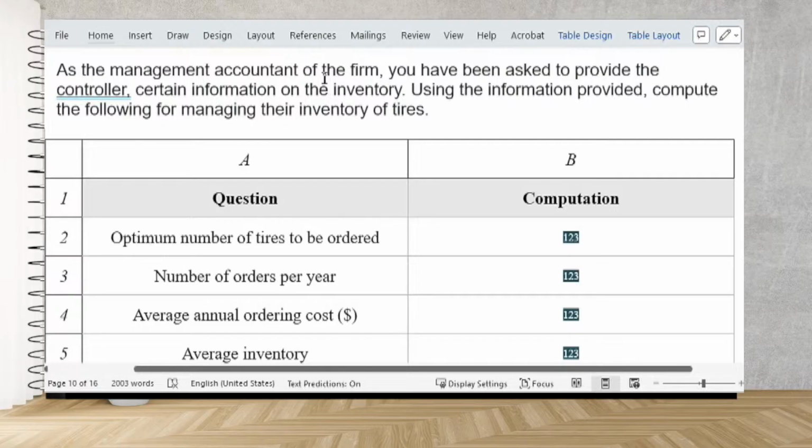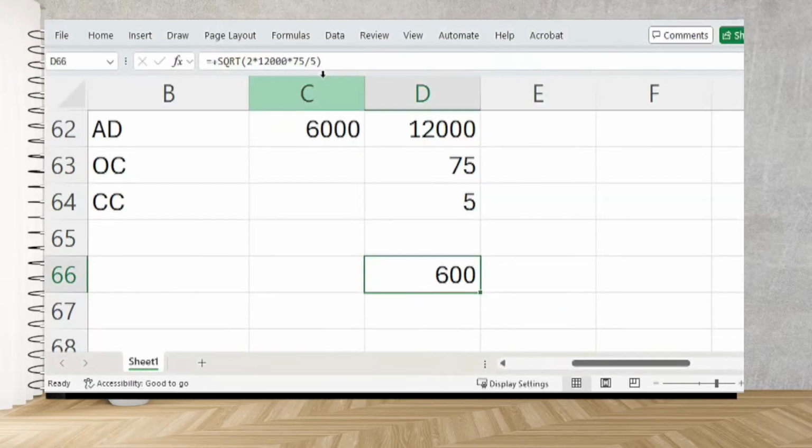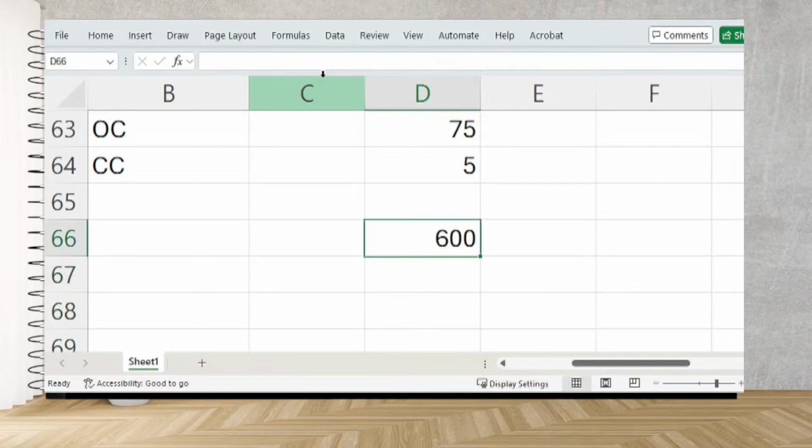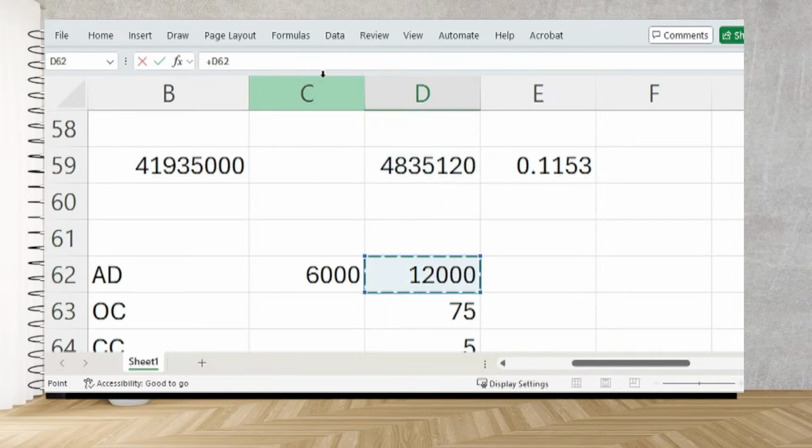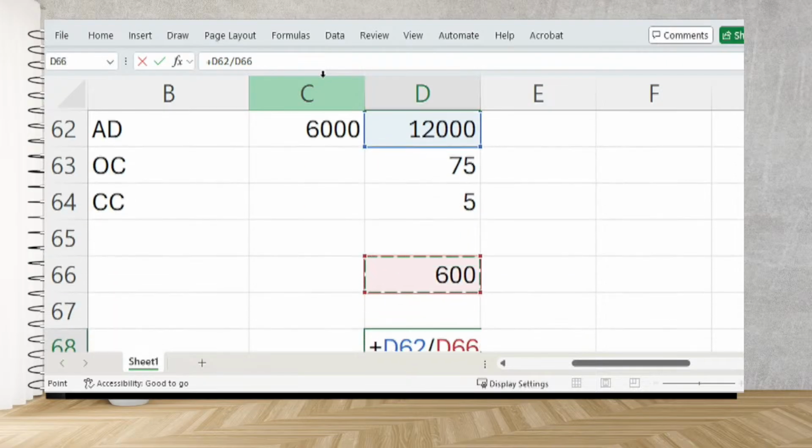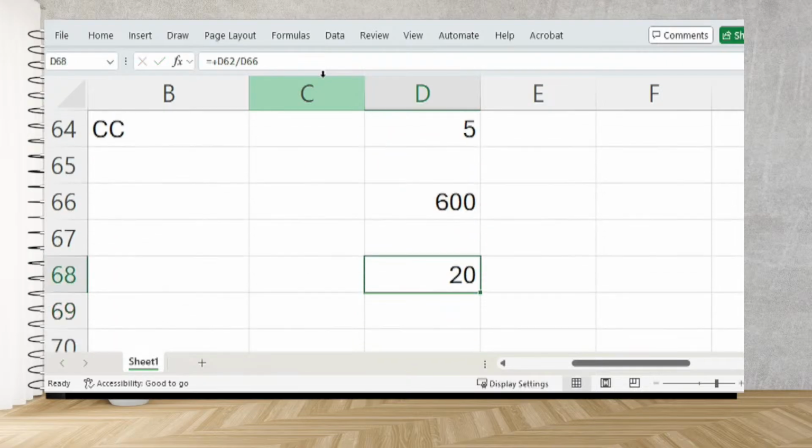So number of orders per year. For one order it is 600 quantity, and you want to order 12,000 quantity. So 12,000 divided by 600, it is 20 orders. Correct? Yes, sir.